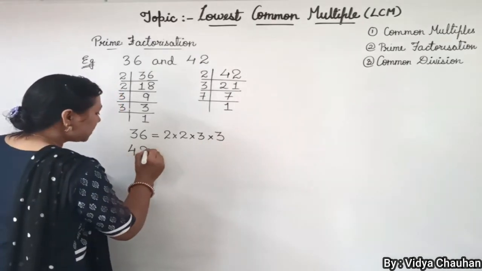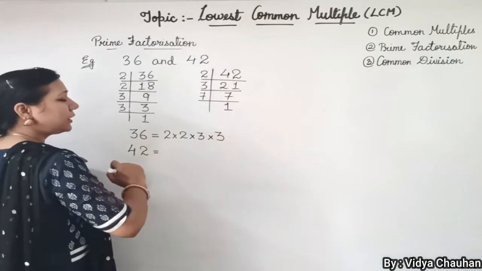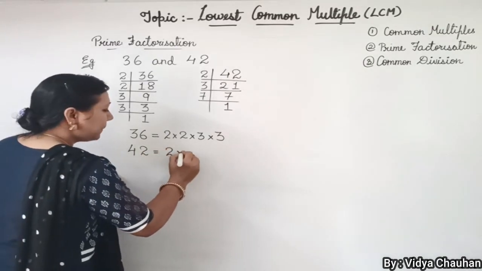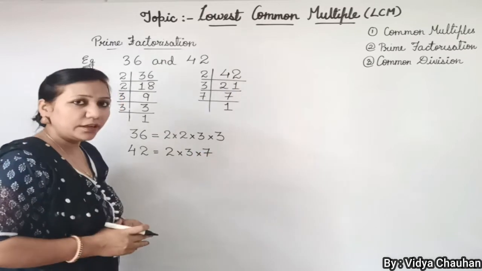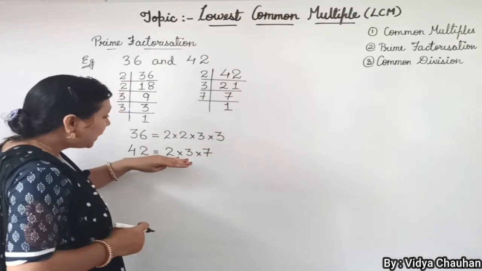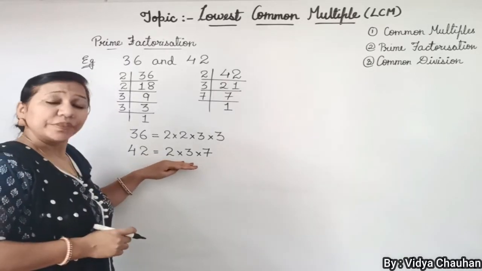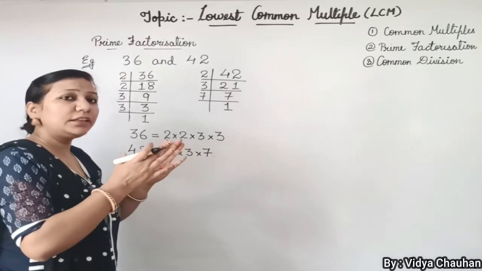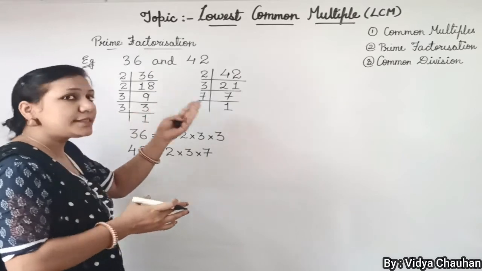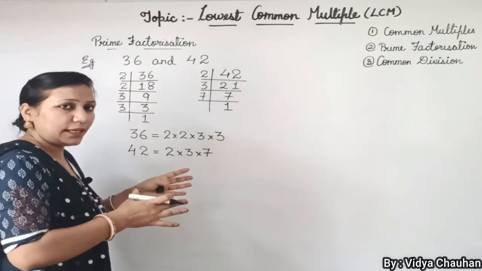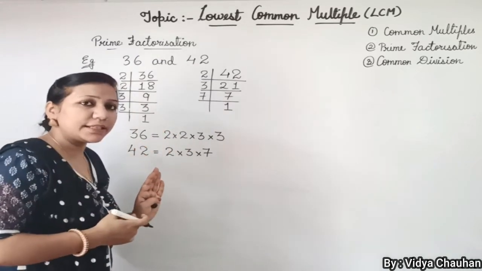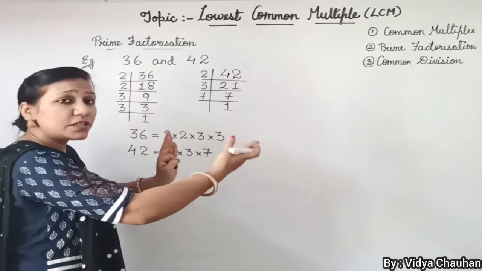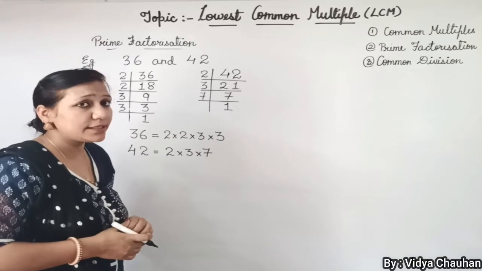Similarly, the factors of 42 are 2 multiply by 3 multiply by 7. Clear students? Till this step, the process is the same as in the prime factorization method of HCF. The same process you have to do when you have to find the LCM.